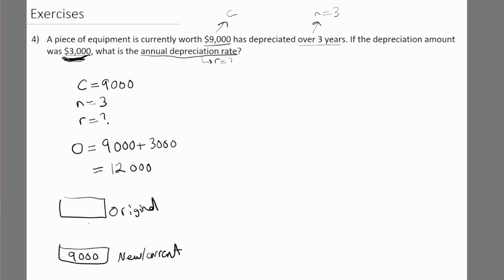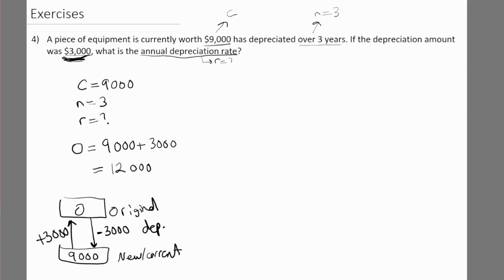And the way we had this 9,000 is because our original value had 3,000 subtracted from it, okay? This is how we got to the 9,000 because we're dealing with depreciation. So in order for us to find the original value, we would add 3,000 to our 9,000.